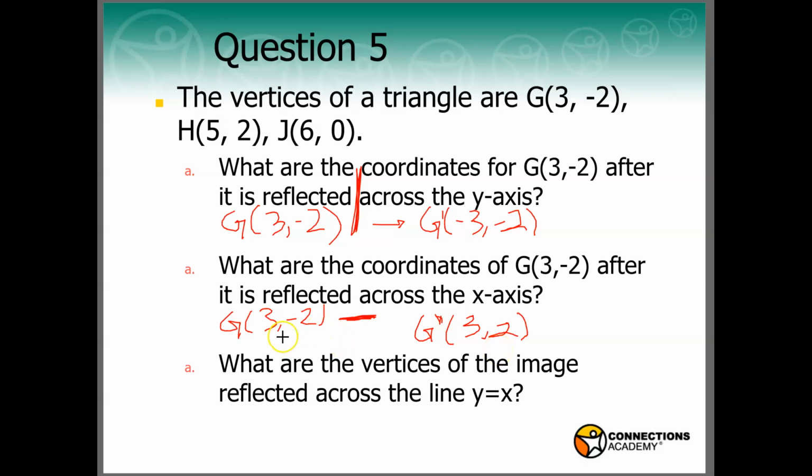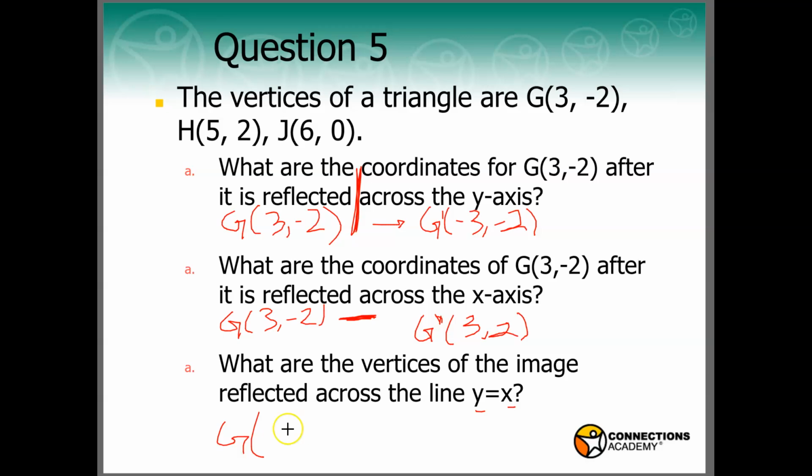For the last one, this one is seemingly a little trickier, but it's actually quite simple as well. Now, if we were to reflect something diagonally, we are not just going up or down or left and right, but both. So in this case, we actually will just switch our x and y points. So this will always be true. You can graph it and take a look.